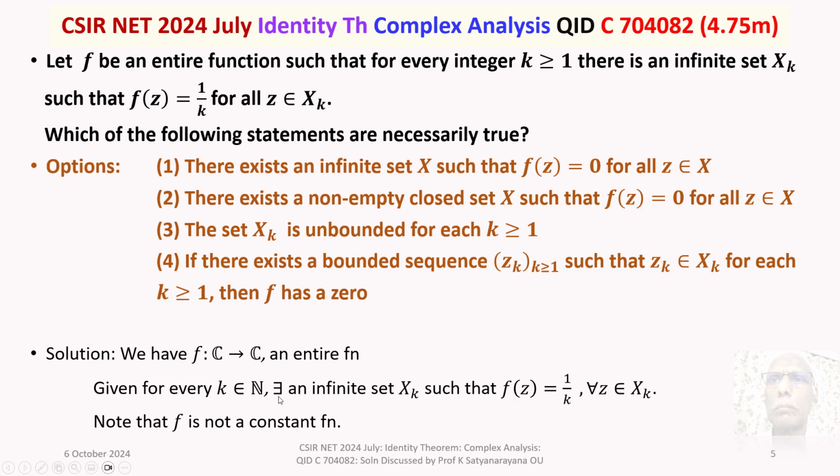When k is equal to 2, there is an infinite set X_2 such that f(z) is equal to 1/2 for all z belongs to X_2 and so on and so forth. And you note down that f is not a constant function. This fact we need in the course of the proof.